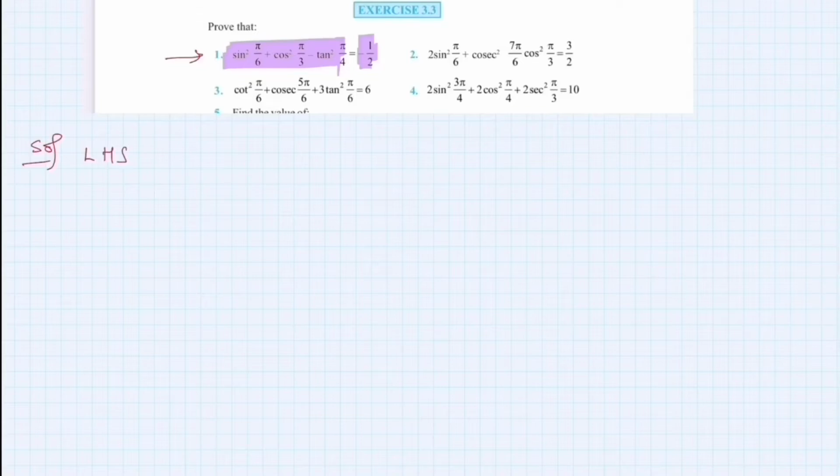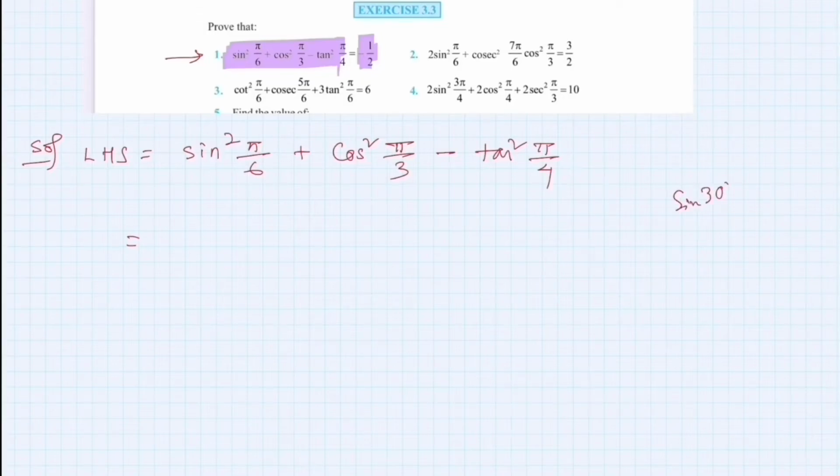Left hand side is sine square pi by 6 plus cos square pi by 3 minus tan square pi by 4. Now we know the value of sine pi by 6. Pi by 6 means 30 degrees, so sine 30 is nothing but half.